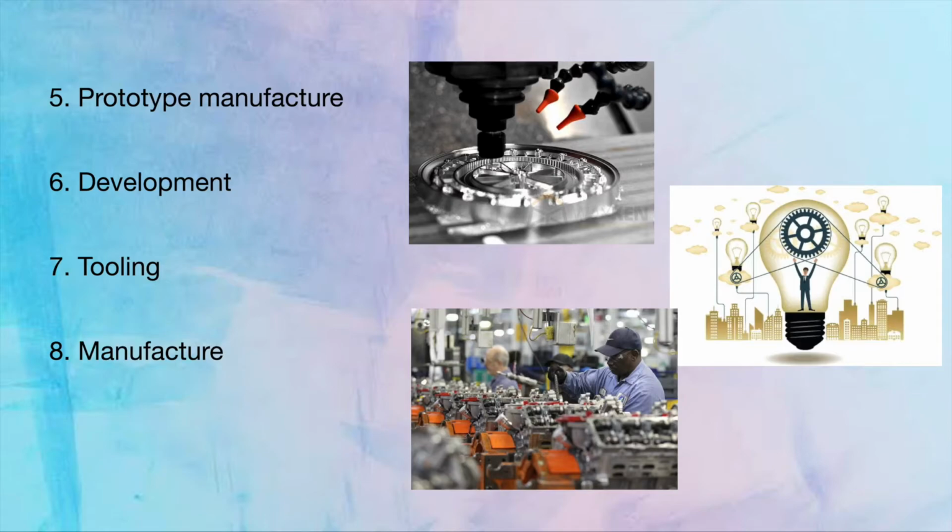Next we have tooling. Tooling up for production can mean building a production line, godowns or factories, or all the necessary tools and equipment. Now you have developed the product and you want to manufacture it not in one or two quantities, but in a very large quantity.